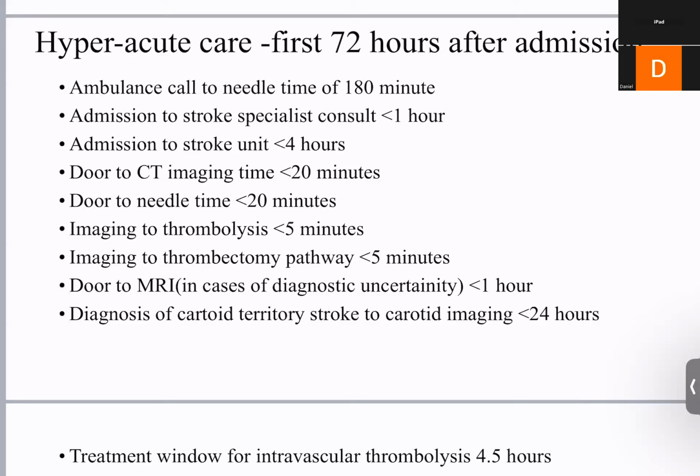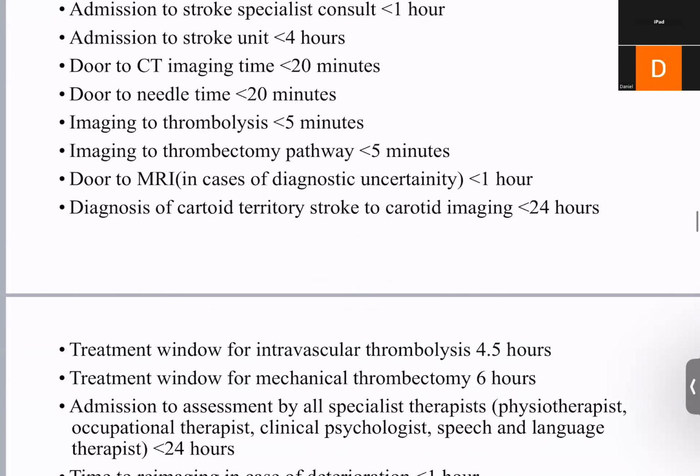If it is an MRI, or the diagnosis is uncertain, or if it is a TIA, the door to MRI time should be less than 1 hour. If you identify a carotid territory stroke, carotid imaging, that is Doppler, should ideally be done within 24 hours.